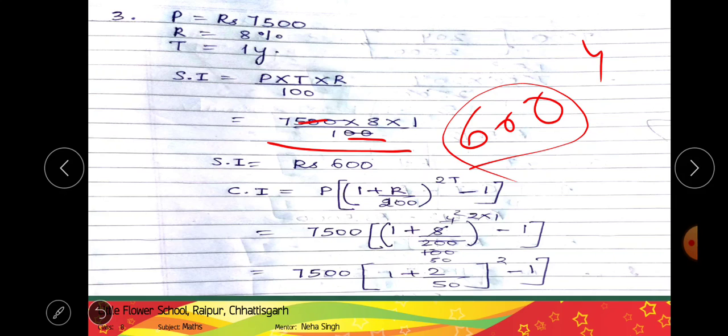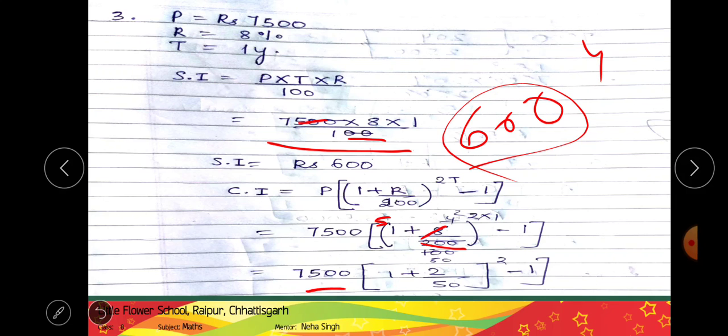Now calculating the compound interest, what will it be? The CI formula is P into 1 plus R upon 100 to the power T, minus P. Since it is given compounded half yearly, every 6 months, the formula will be, here it will be 200 and here it will be 2T, right? 75,000 into 1 plus R upon 200 to the power 2T minus 1. 2 4s are 8, 2 1s are 2, 2 2s are 4, 2 5s are 10.